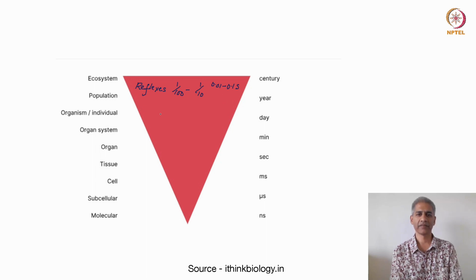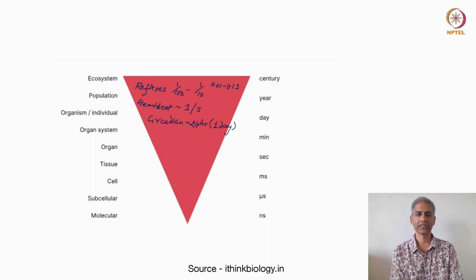Then we can think of certain physiological processes. So for instance, our heartbeat, and approximately 1 per second. Then we follow a circadian rhythm, and that's over 24 hours. So 1 day.